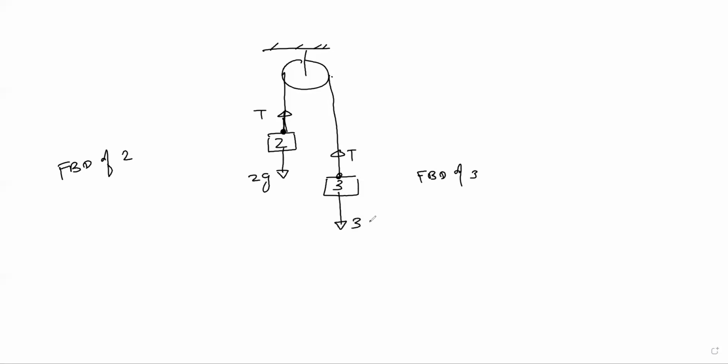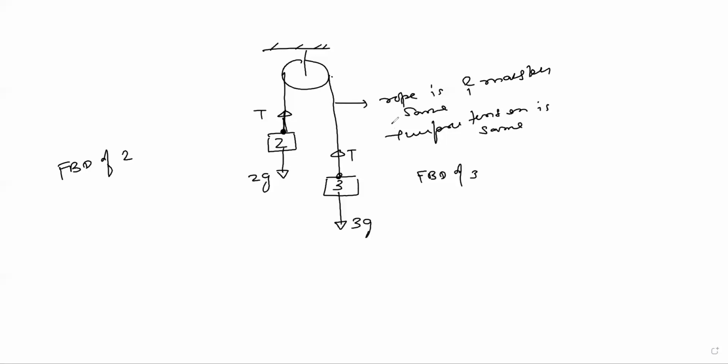This is 3G. Since the rope is the same, in this case the rope is the same, therefore the tension is the same. The rope is the same and massless. Therefore the tension is the same.